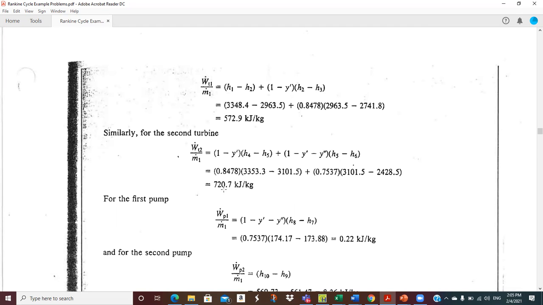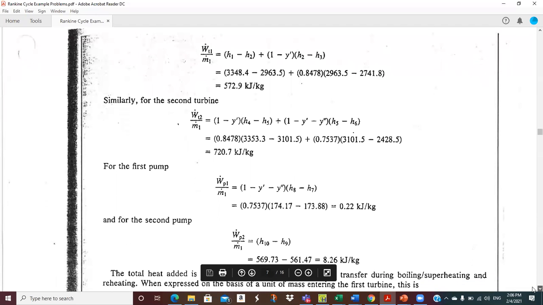kilojoules per kilogram. Okay. And then for the first pump, it's only pumping 1 minus y prime minus y double prime. So that multiplier goes times the enthalpy difference. So the 1 minus y prime minus y double prime numerically is 0.7537 times that enthalpy difference. So we get 0.22 kilojoules per kilogram for the first pump work.